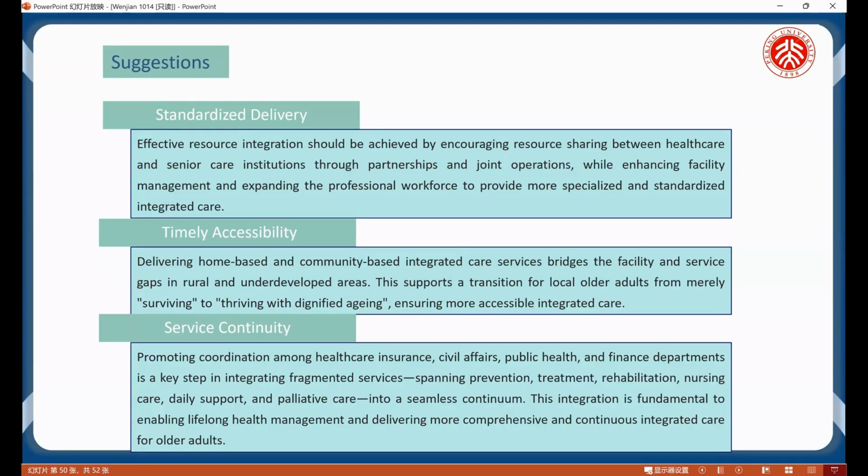Delivering home-based and community-based integrated care services bridges the facility and service gaps in rural and underdeveloped areas. Promoting coordination among healthcare, insurance, civil affairs, public health, and finance departments is a key step in integrating fragmented services.